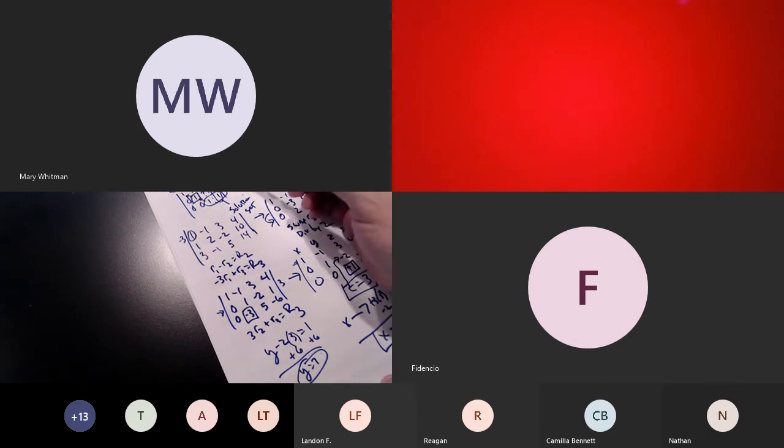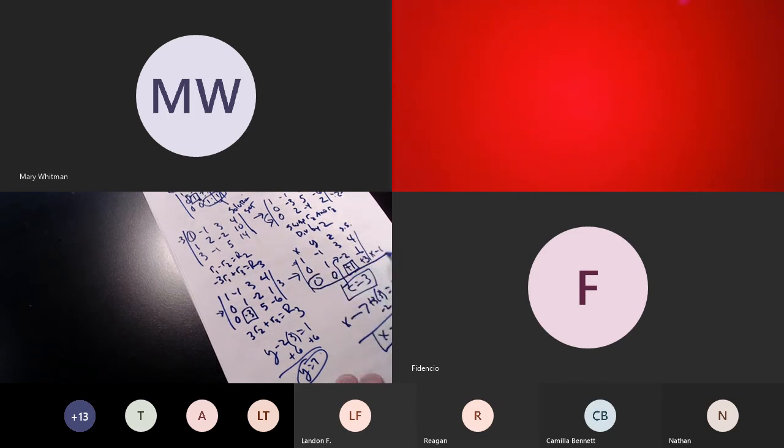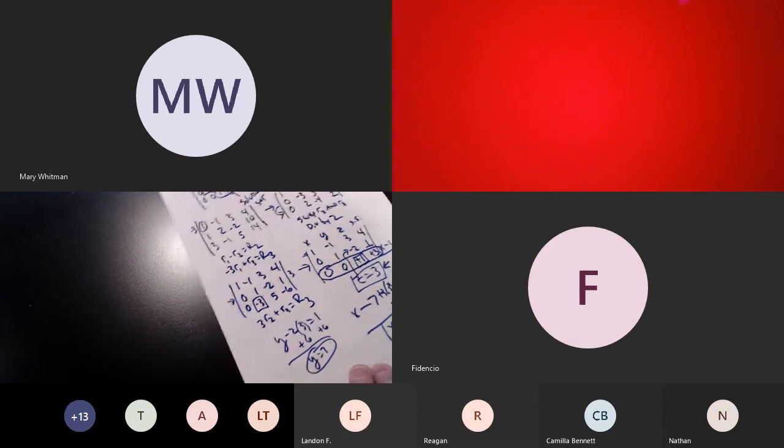So this is row-echelon form, okay? Now this equation here, because I've eliminated the x, I've eliminated the y's, I've only got a z, so this is 1z equals 3. So this bottom equation now represents z equals 3. Does that make sense?